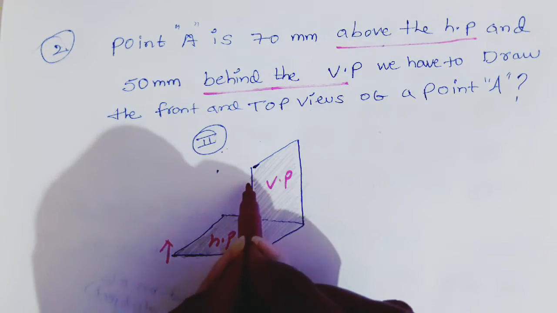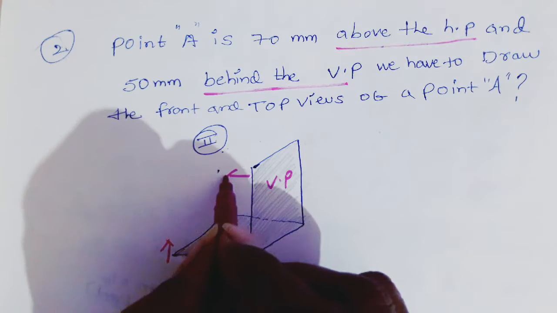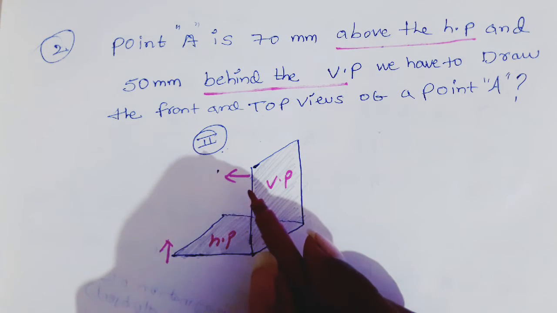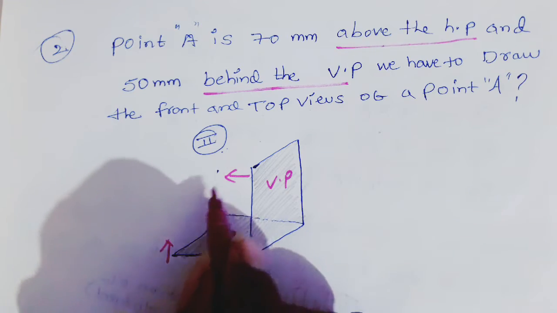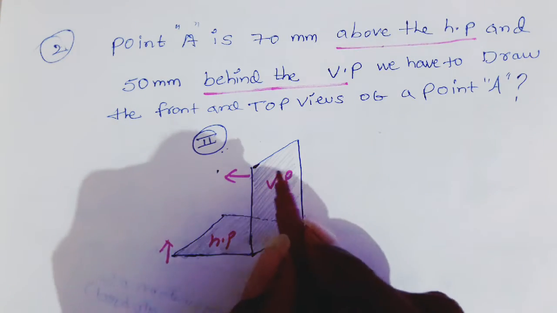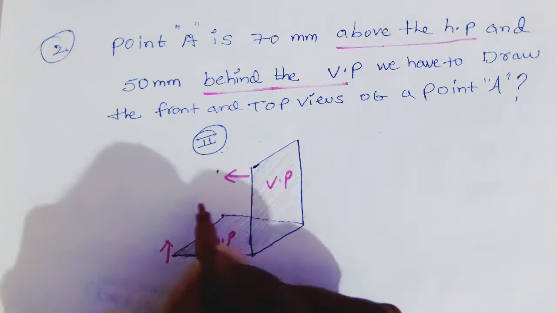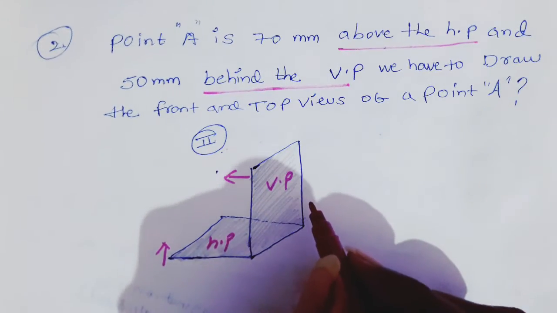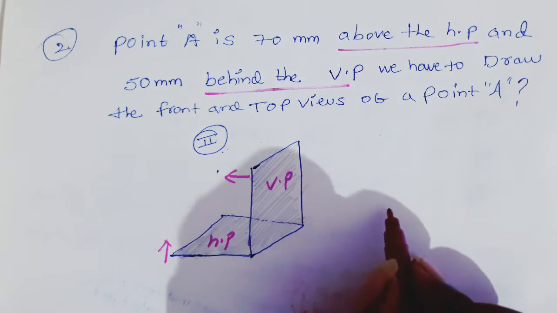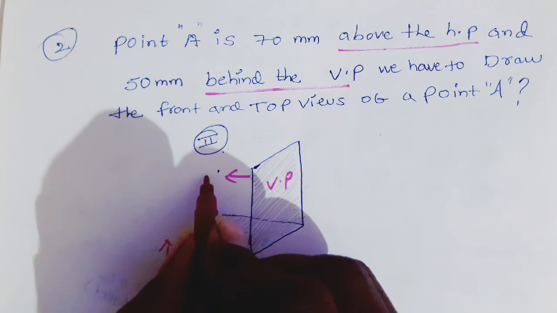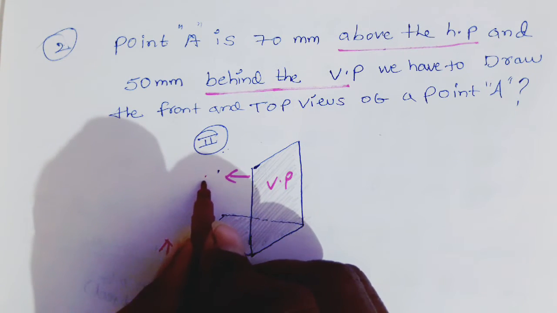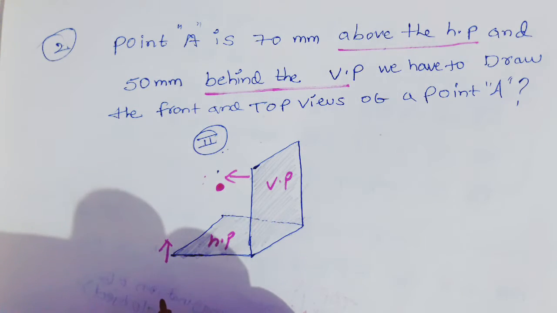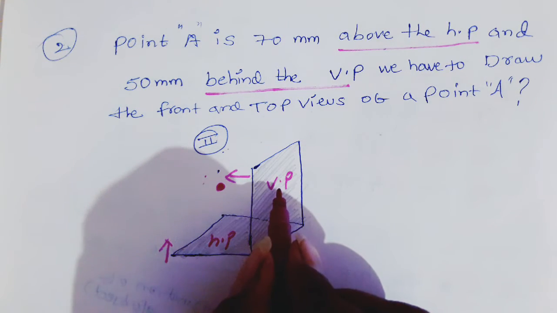So behind is nothing but this way. So now we have to get the position of a point in this second quadrant. For that again you have to look at the front view and top view from the distance of x and y. So if you look, for example, this is the position of the point, given from the HP and VP.